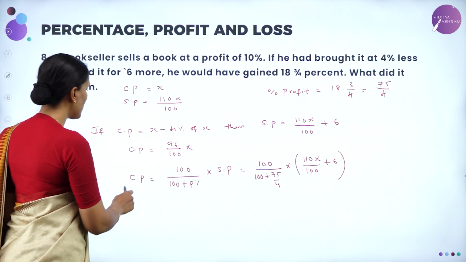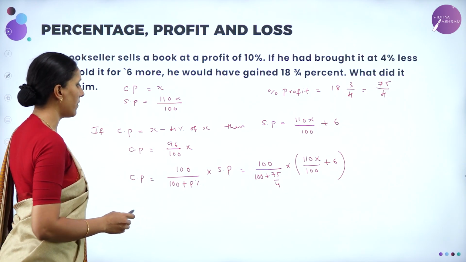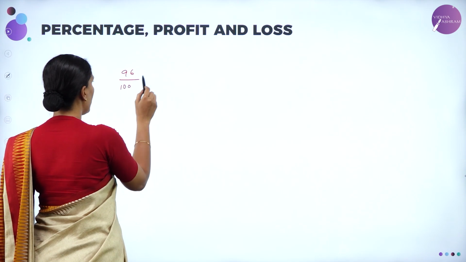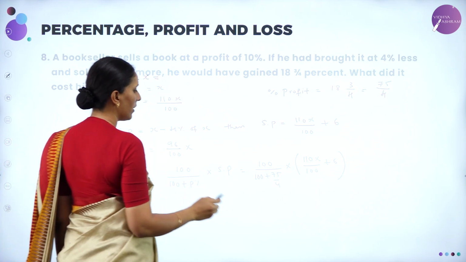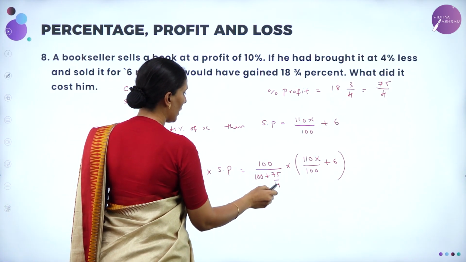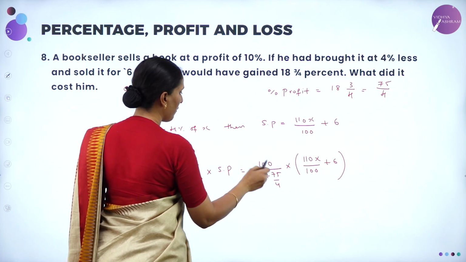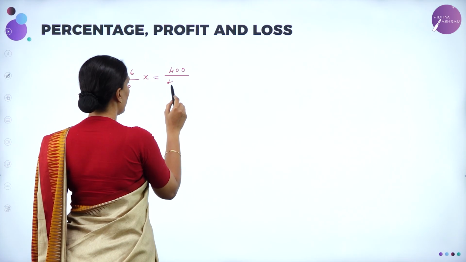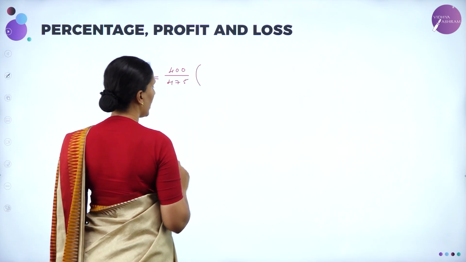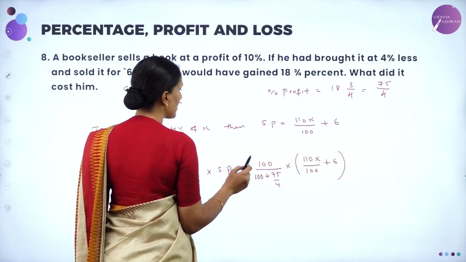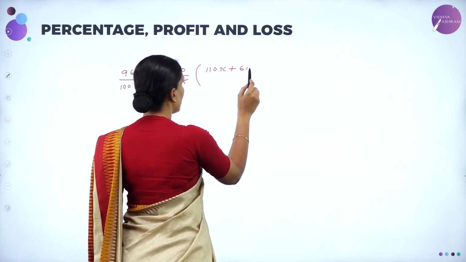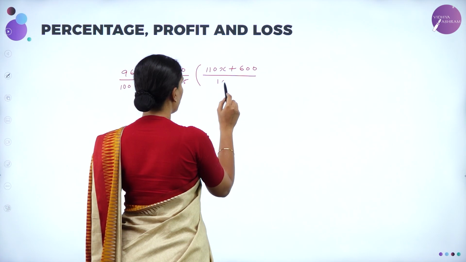So now cost price is 96 by 100x. So here solving this, we'll get 400 plus 75, as 4 goes to the numerator. So 400 divided by 475 into, again solving this, we'll get this as 110x plus 600 whole divided by 100.